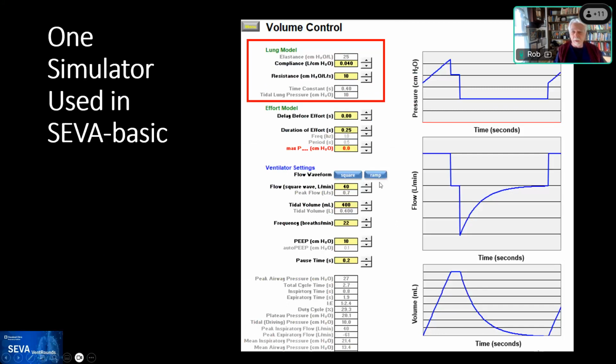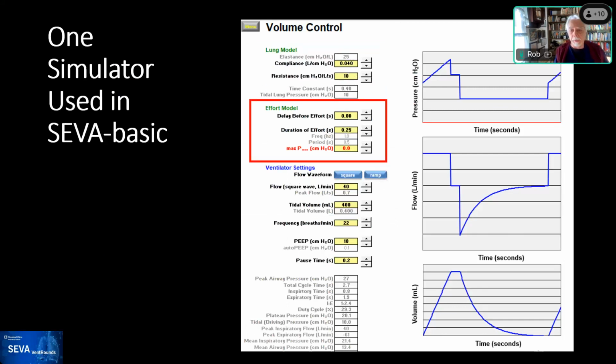And on the left-hand side, we see some settings here with a lung model, which is basically the compliance and resistance, with some calculated values, for example, for elastance and time constant. And then you have what's called an effort model. And these are the parameters of the PMUS waveform.